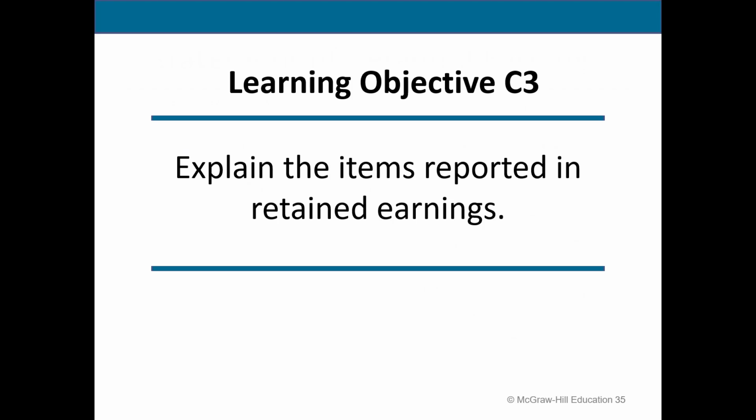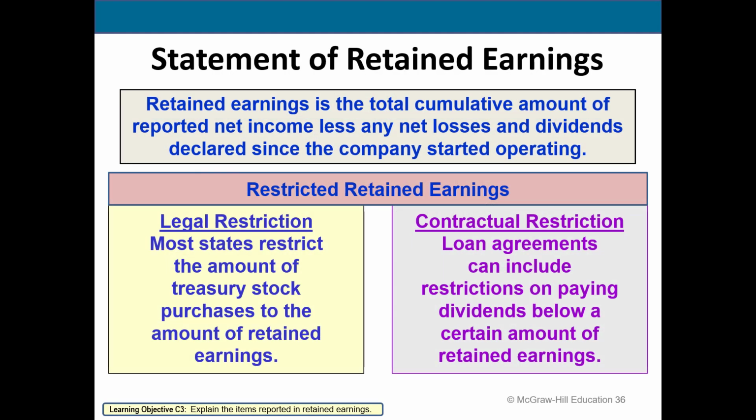So we will now look at retained earnings. Retained earnings is the cumulative amount of net income or loss less any dividends declared. And there are some restrictions on retained earnings, some legal restrictions and some contractual restrictions.